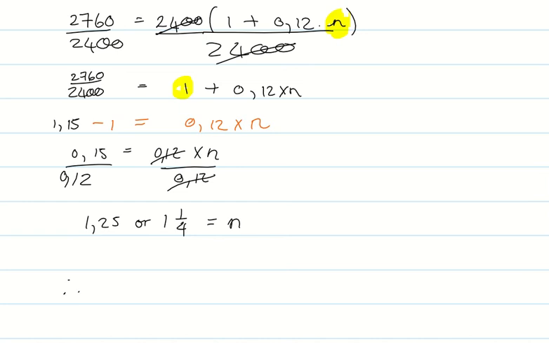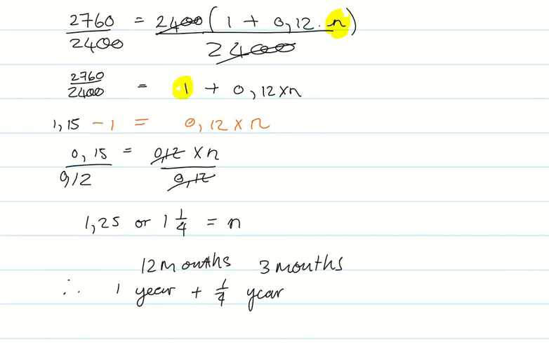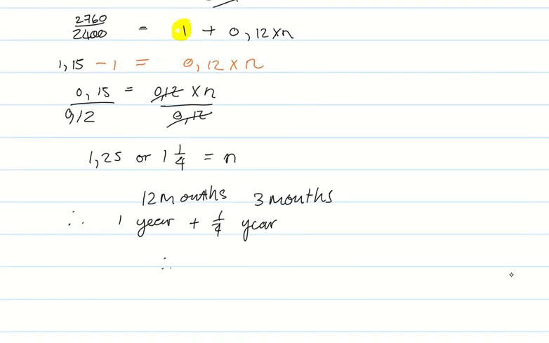So it's 1 year plus another quarter of a year, but they don't ask in years. 1 year is equal to 12 months, and a quarter of 12 is equal to 3. So it's 12 months plus 3 months, which equals 15 months. My final answer: it will take me 15 months to earn 360 Rand at that interest.